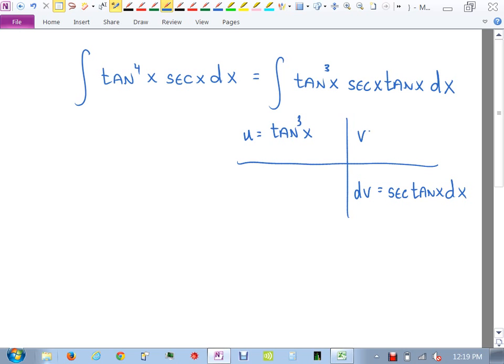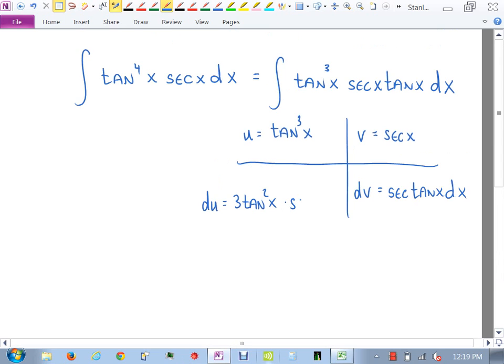What's the antiderivative of secant x tangent x? Secant x. What's the derivative of tangent cubed x? 3 tangent squared x times the derivative of tangent, secant squared. And now what is v du? Tangent squared secant cubed.